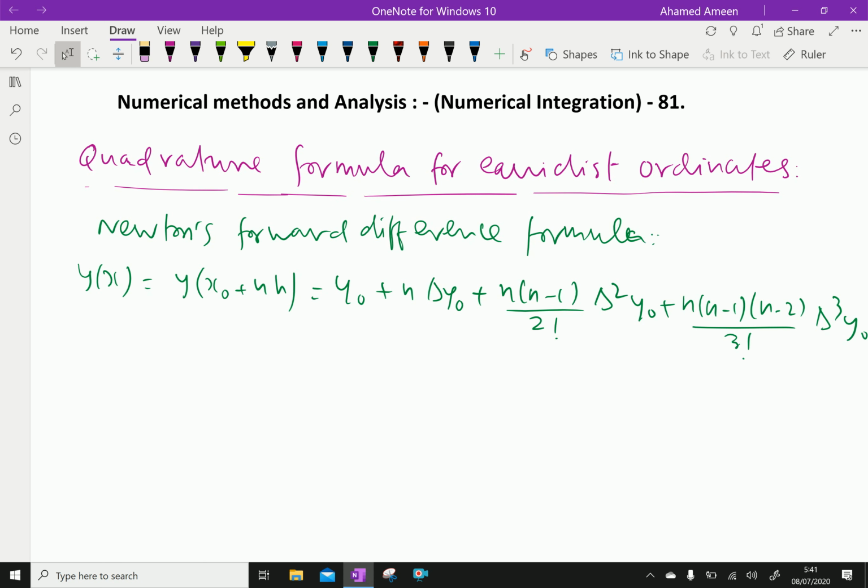This formula can also be written in terms of u.